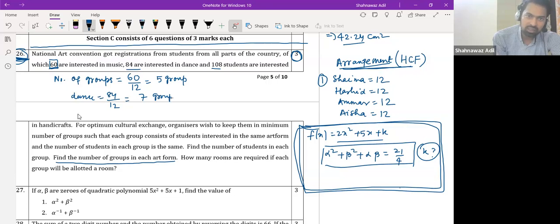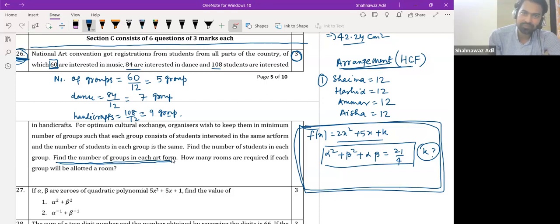And then handicrafts: 108 divided by 12. So 9 groups of handicraft students, right? This is the second part of the question.